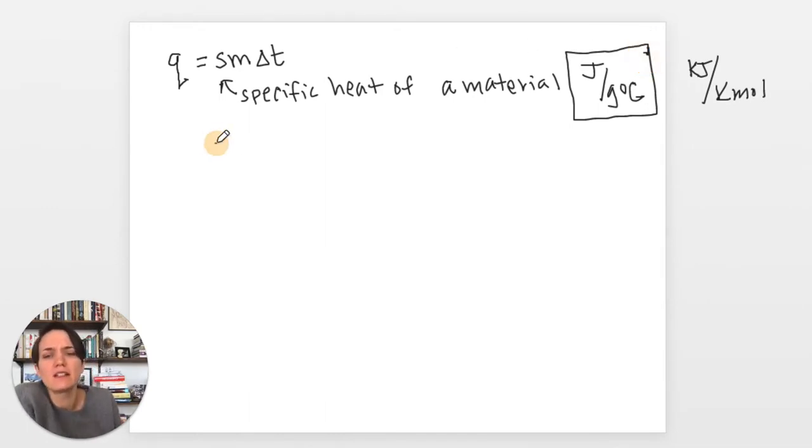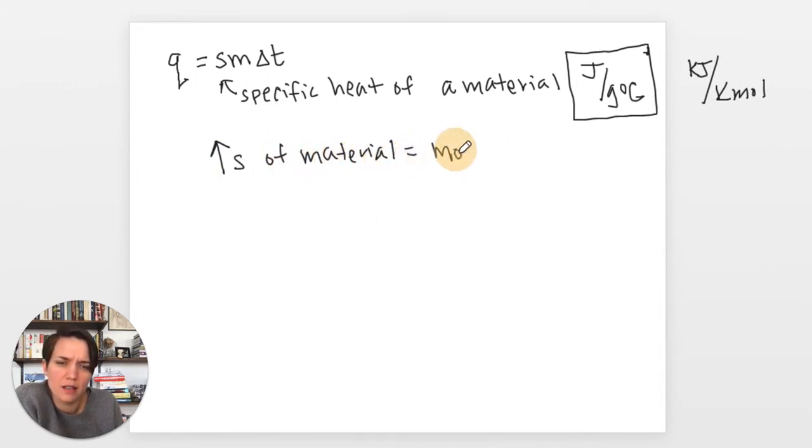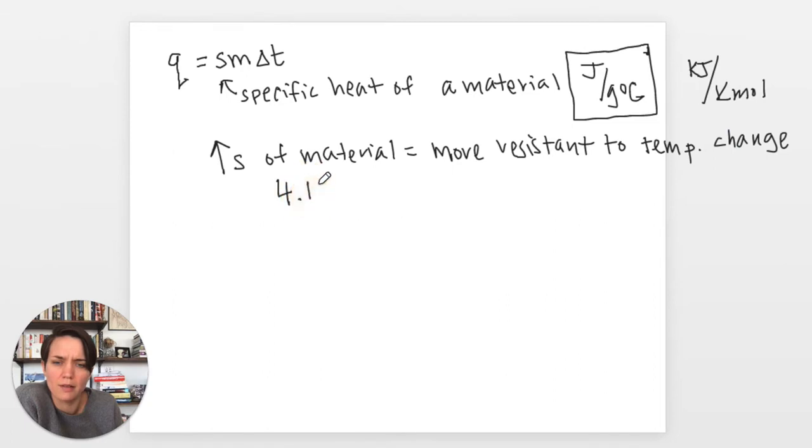Okay, and specific heat is going to tell us a physical property of the material that we're working with. And it's important to recognize that the higher the specific heat, the more resistant to temperature change. So our example there was water having a specific heat of 4.18 joules per gram degrees Celsius, which is very, very high.